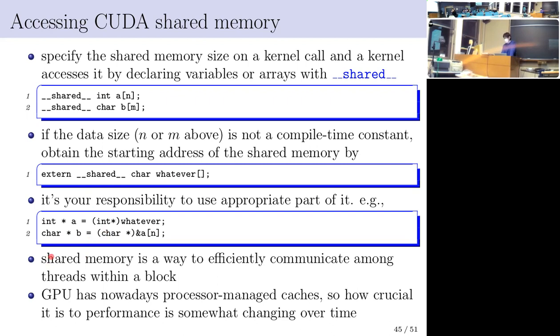Shared memory is useful because it's faster than global memory. I will come to this in later weeks of this course, but it's primarily a way to efficiently communicate among threads within a single thread block.